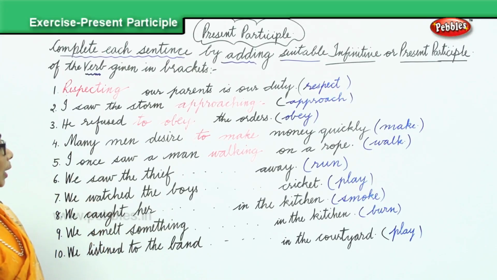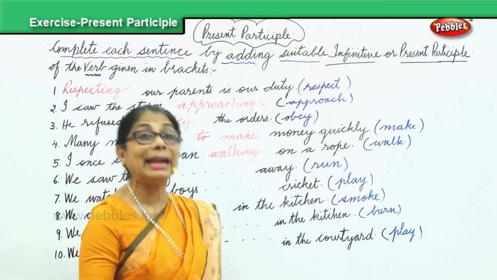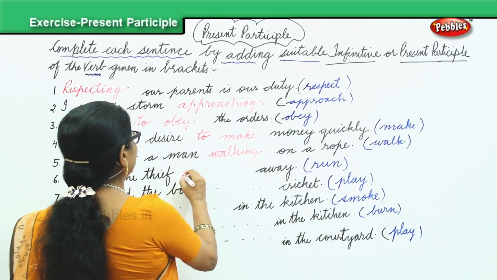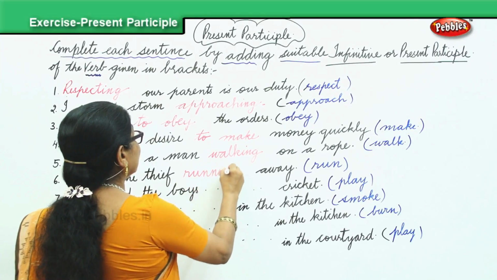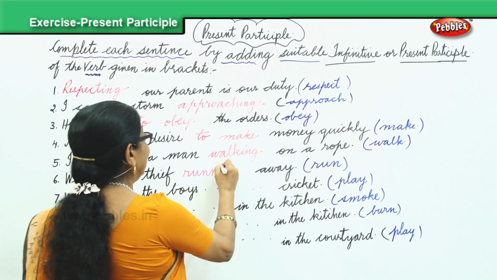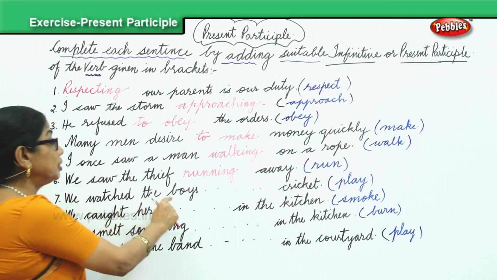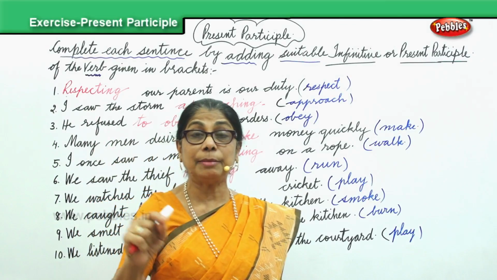Next, we saw the thief. We saw the thief running away, very good. Here it is present participle. We watched the boys dash cricket. Again it is present participle.